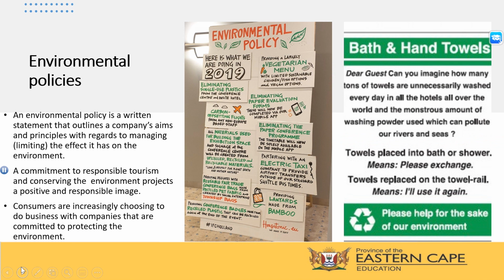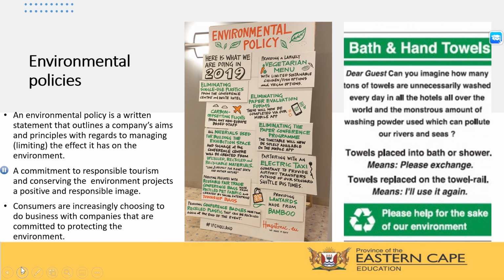Environmental policies are also something that needs to be considered when making sure that a company or a business is projecting a professional image. Now, let's just understand what an environmental policy is. It is a written statement that outlines a company's aims and principles with regards to managing the effect that it has on the environment.